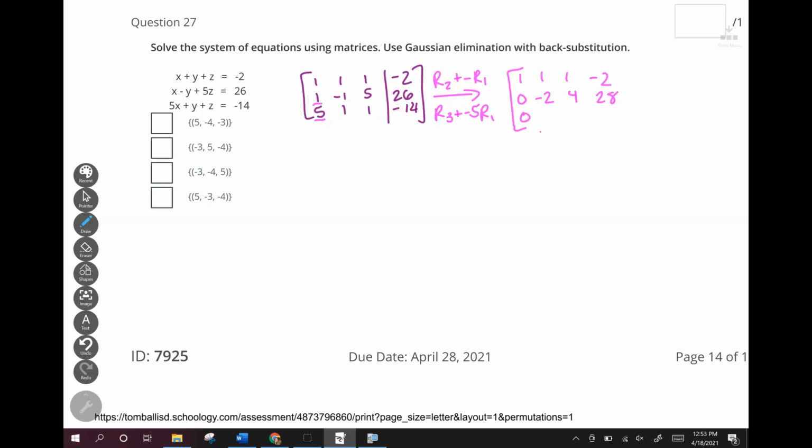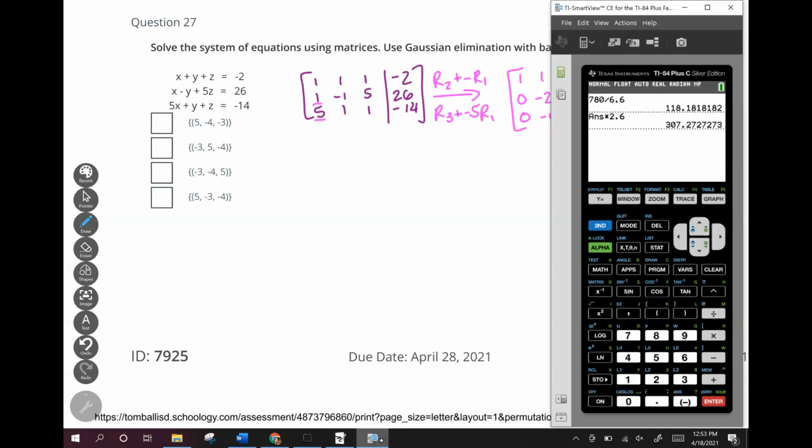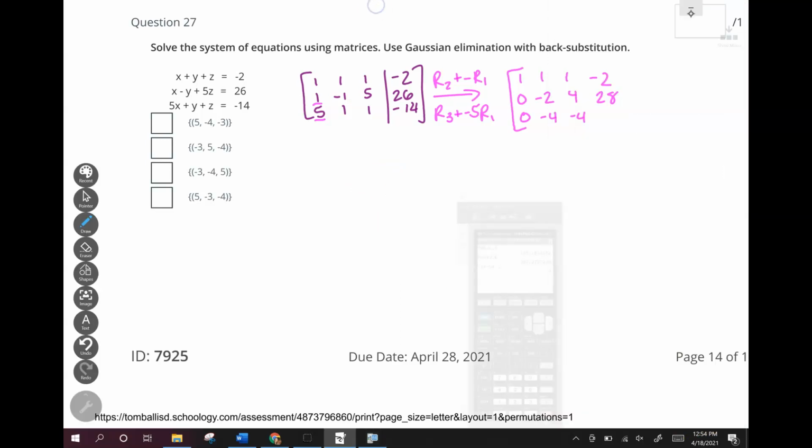0, -4, -4. If you need to use your calculator like I do on this one, we've got -14 minus 5 times row 1. It gives me -4. Lots of -4s there.